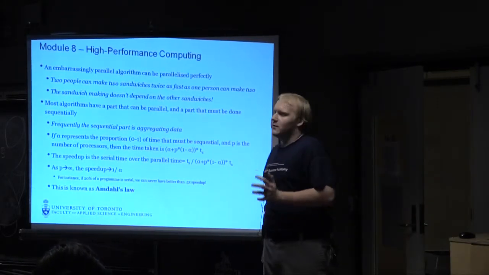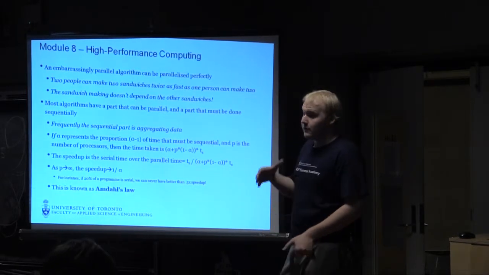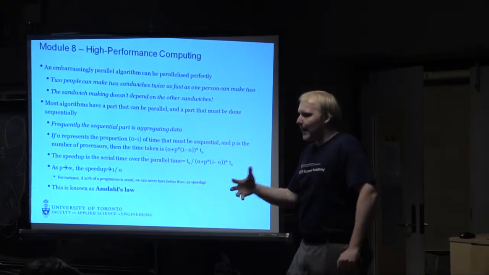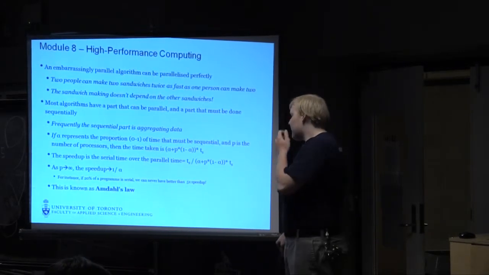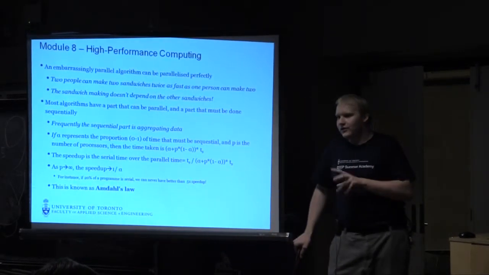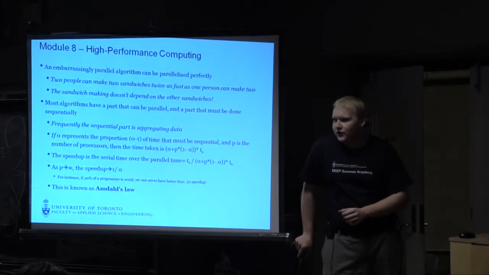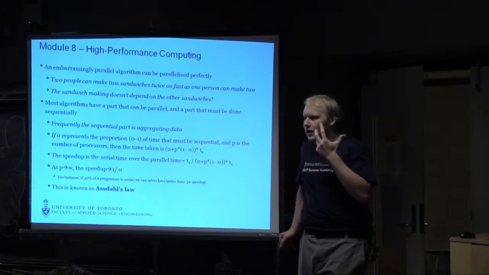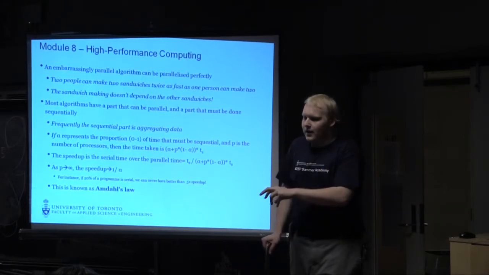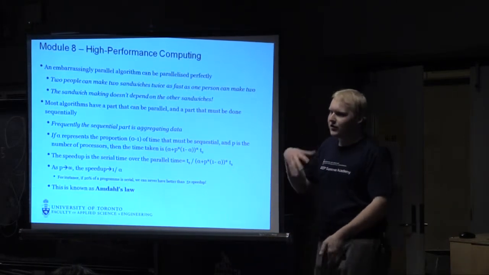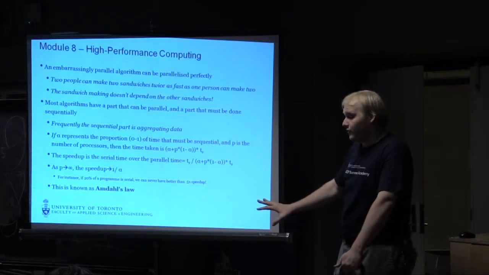Most algorithms are not embarrassingly parallel. Most algorithms have a part that could be made parallel, but a part that cannot be. And that part might be, and usually is, collecting data, right? So if, say, we use some algorithm to calculate different digits of pi, and it's a magic algorithm that will get each digit on its own, but it takes a long time to run.